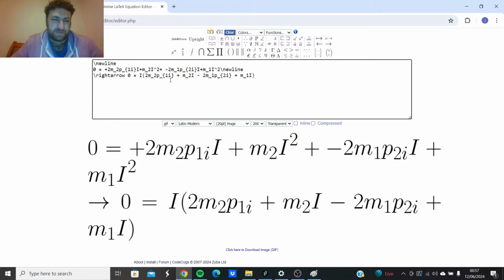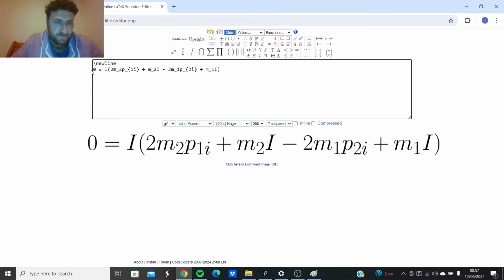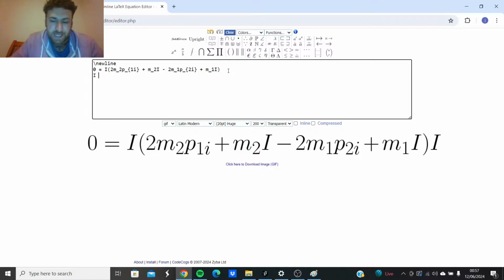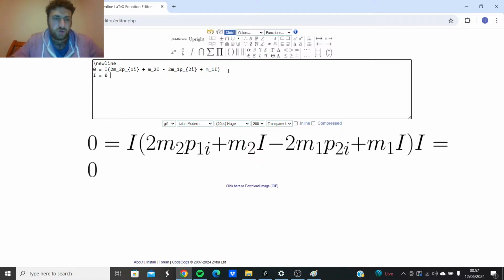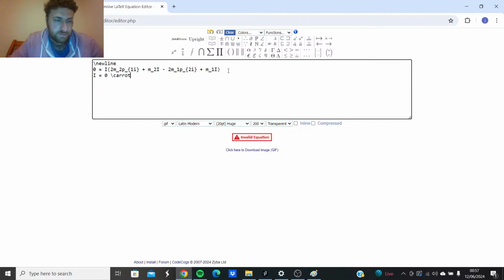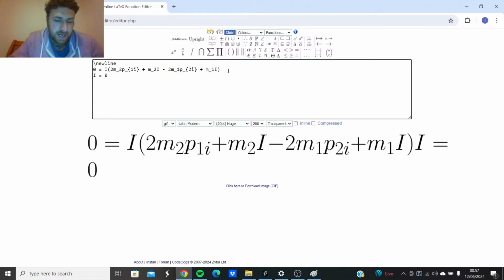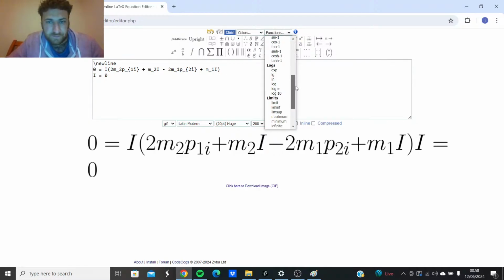Which means that either I equals 0 or, how do you do an or symbol? I don't know how to do it.